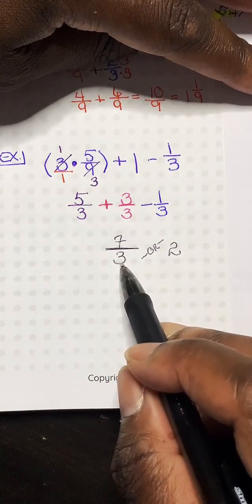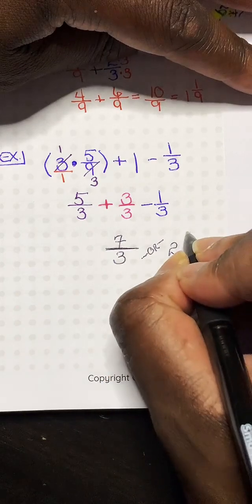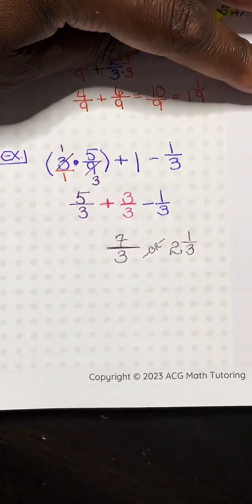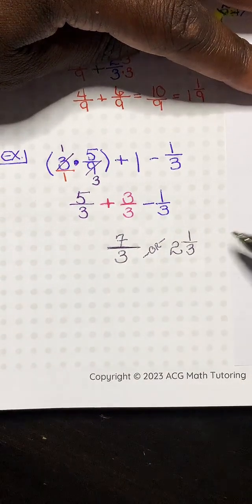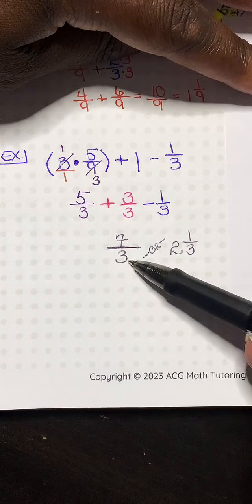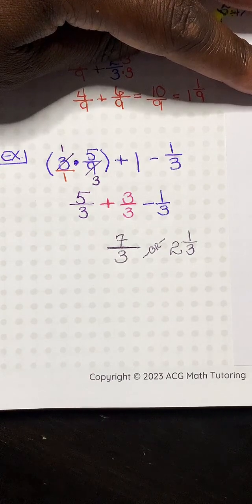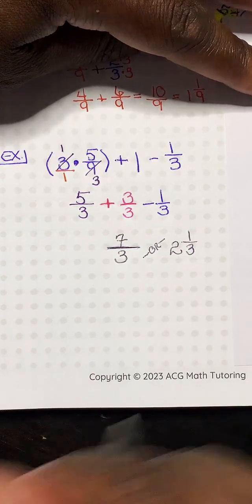So I have a remainder of 1. So it'll be 2 and 1/3. How you write remainders is over the divisor. All right, so yep, if you want to do 2 point with the 3's repeating, you can do that as well.